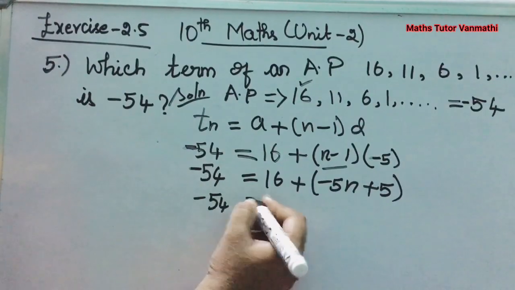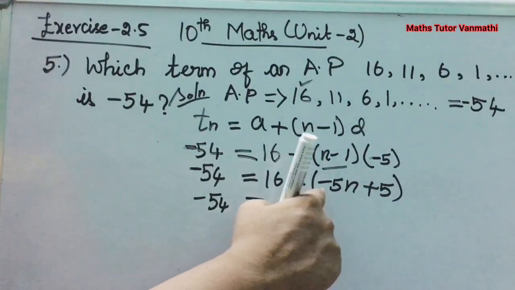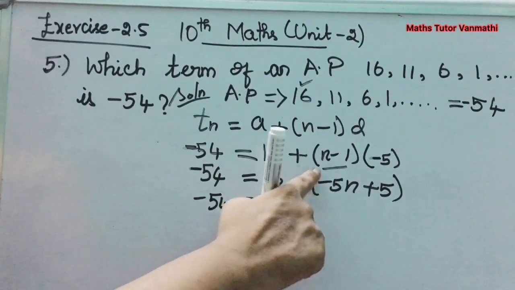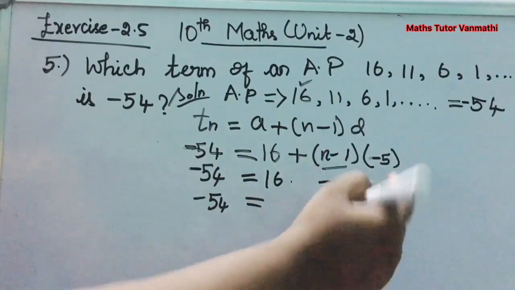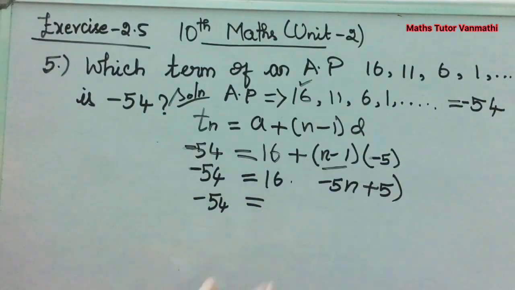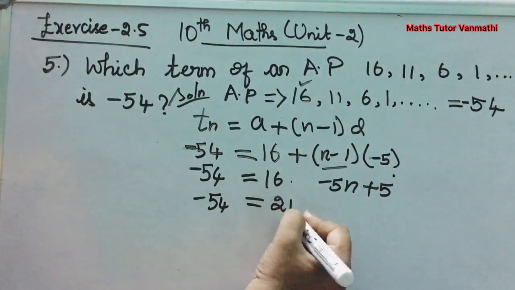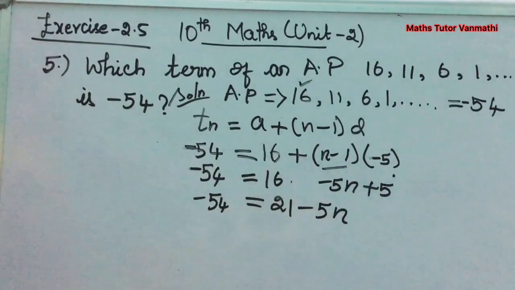So, minus 54 equal to 16 minus 15 minus 5n plus 5 you will get. After solving this you will get 16 plus 5 is 21 minus 5n.